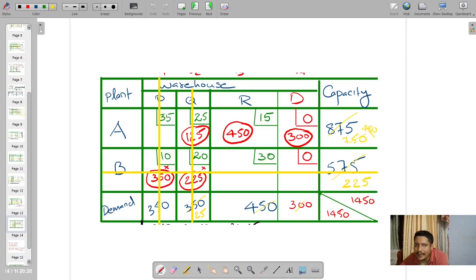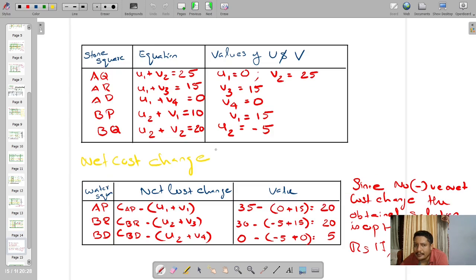When you calculate, you can see the values become positive. Positive values mean the solution you have got in that iteration is the optimum one.